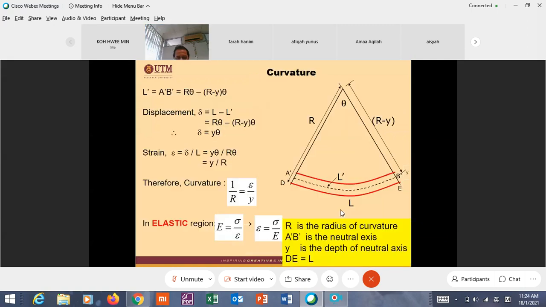Therefore, strain equals stress divided by E. Sigma is stress.